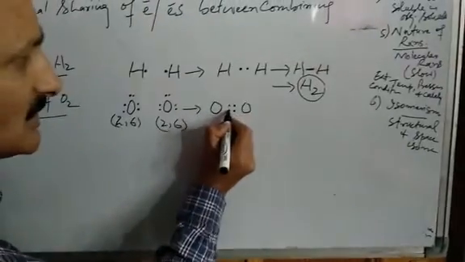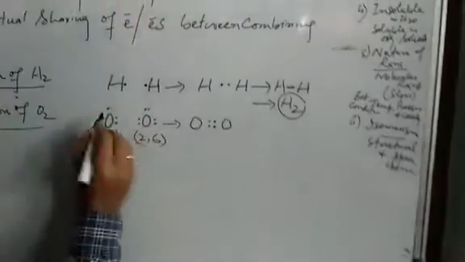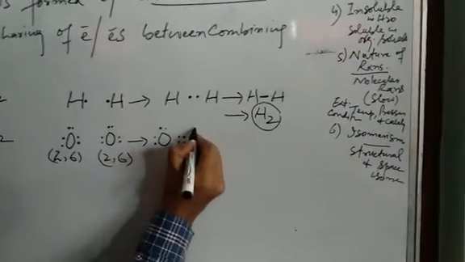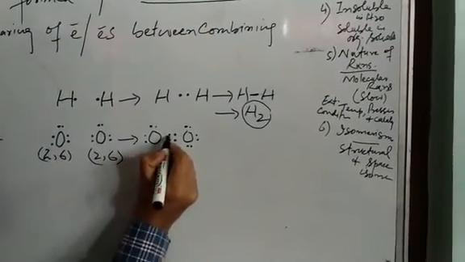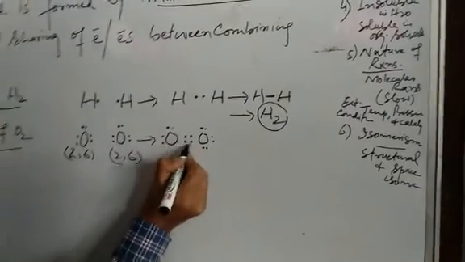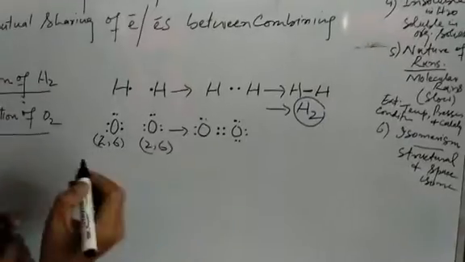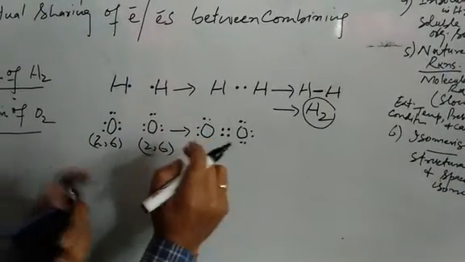So there is contribution and now they will share. Now these 4 electrons are mutually shared between these 2 oxygen atoms.